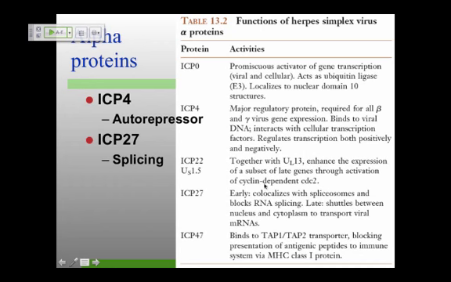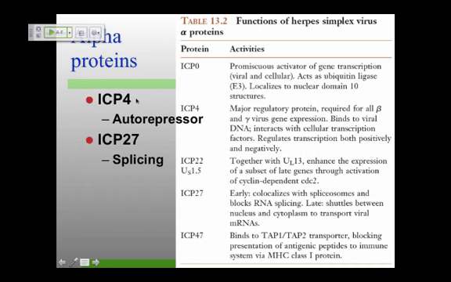Here, blocking RNA splicing. Why do you want to block RNA splicing? Because the viral genes don't have splicing in them. And this one is important for regulating the immune system. But here, the two that we really care about, which is why I write them over here, I would think about remembering them for exams.